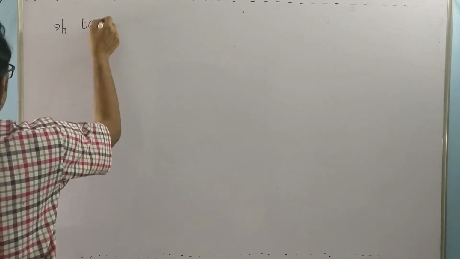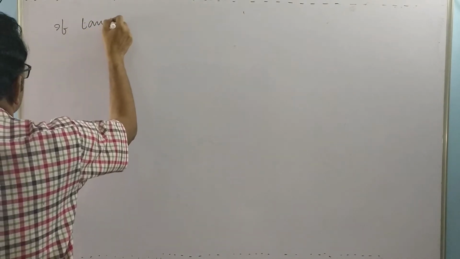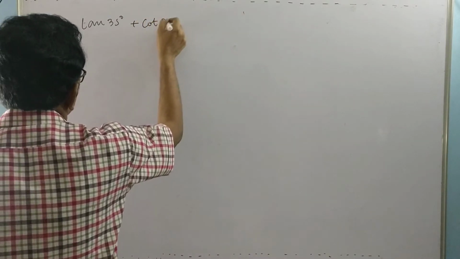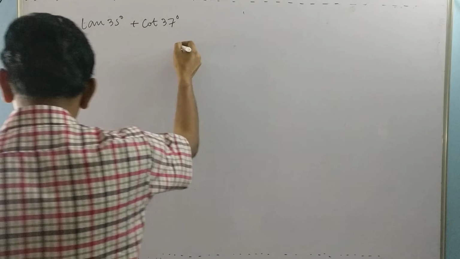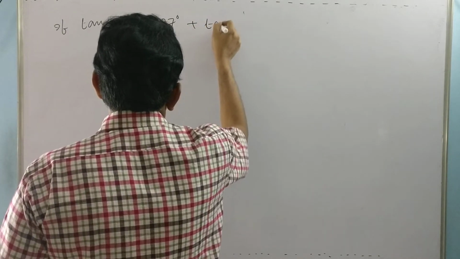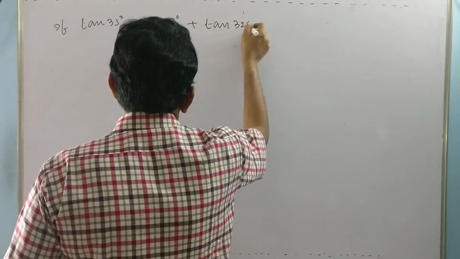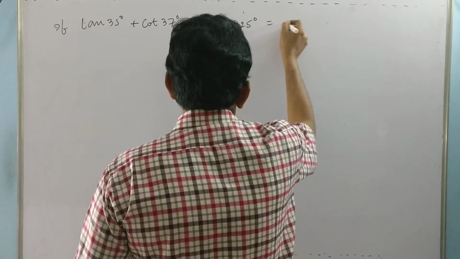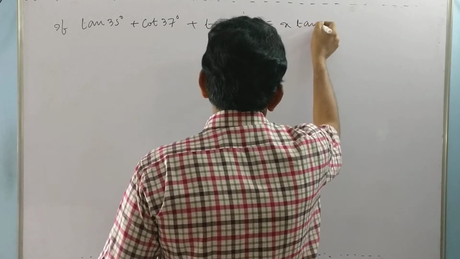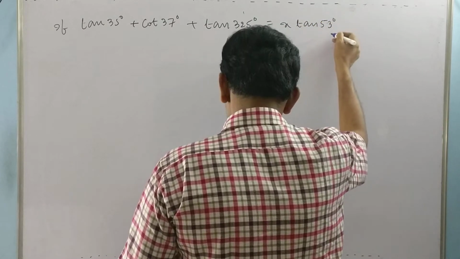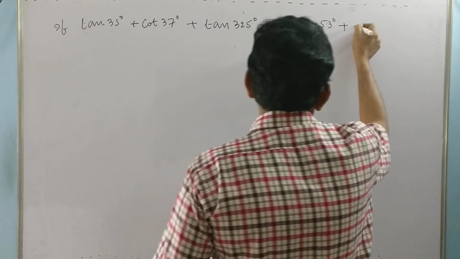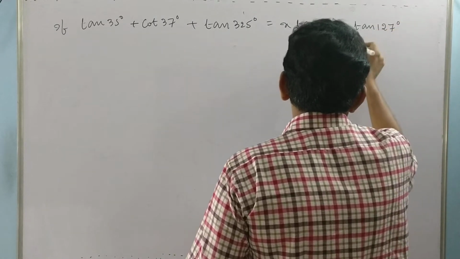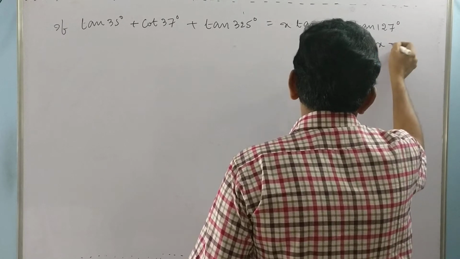If tan 35 degrees plus cot 37 degrees plus tan 325 degrees is equal to x into tan 53 degrees plus tan 127 degrees, then x equals?